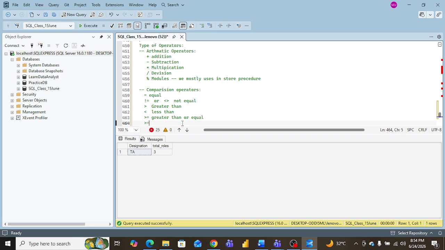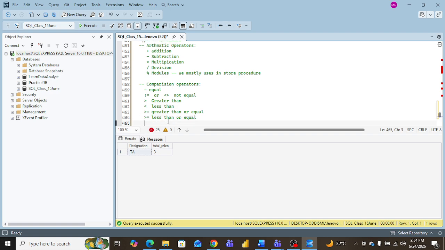And then less than or equal to 12. Am I right? So these are the comparison operators, right?